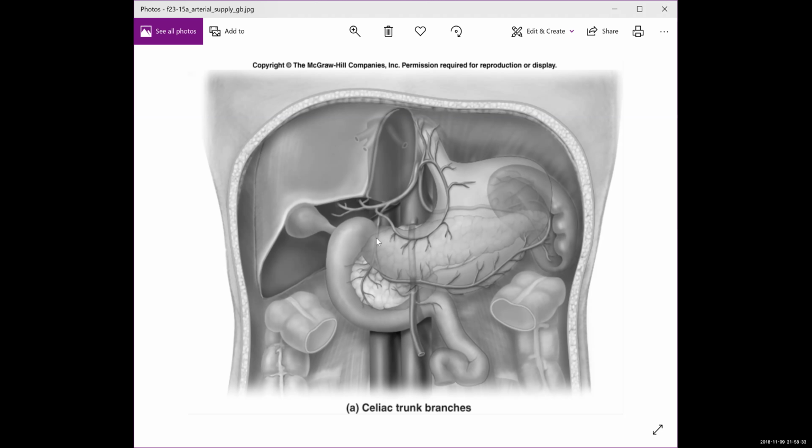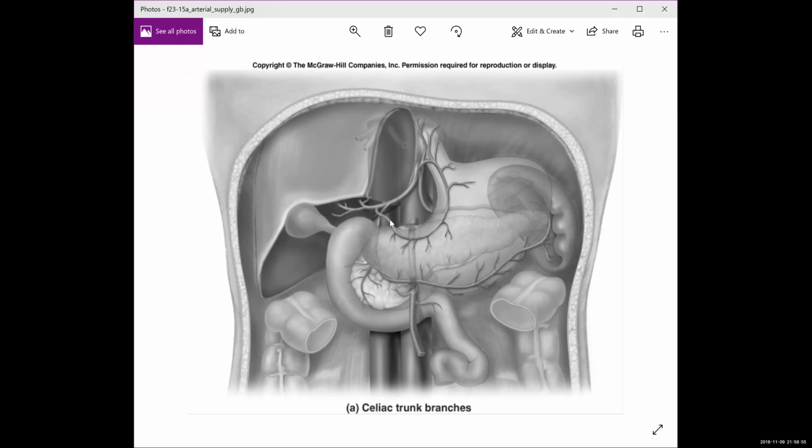Gastroduodenal artery. Name this vessel that branches off of that. Right gastroomental or gastroepiploic artery.